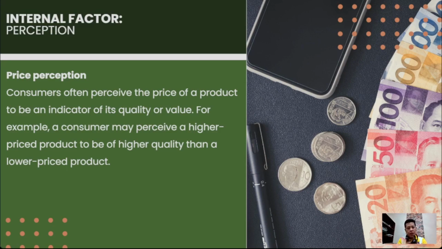So the price is, for some customers, an indicator of quality, though it may not necessarily be the case, but it creates a certain effect on the part of the consumers and customers.